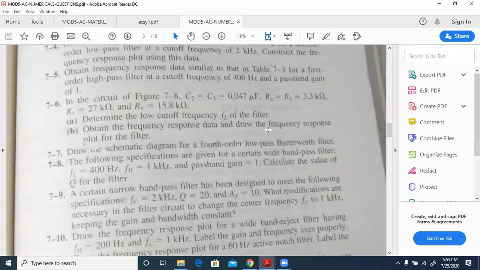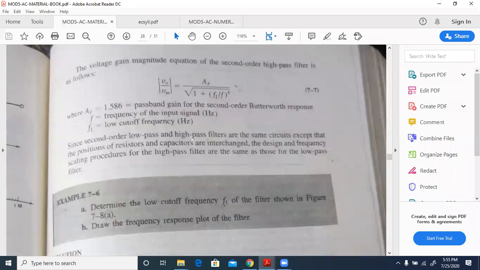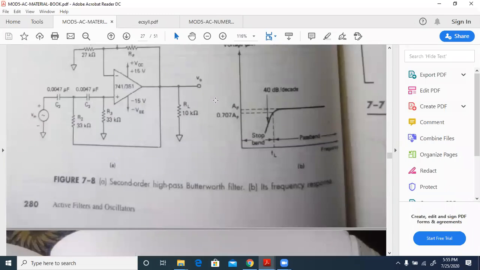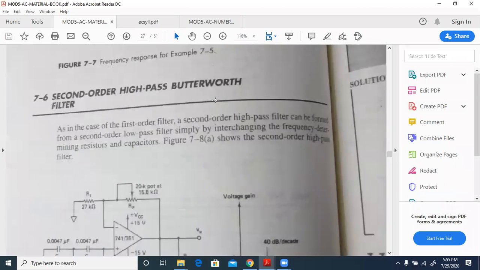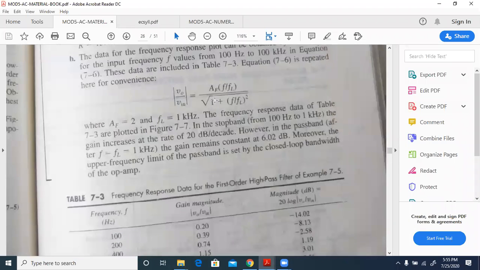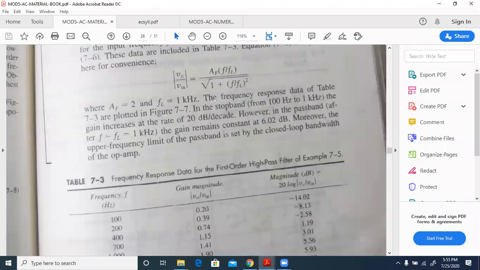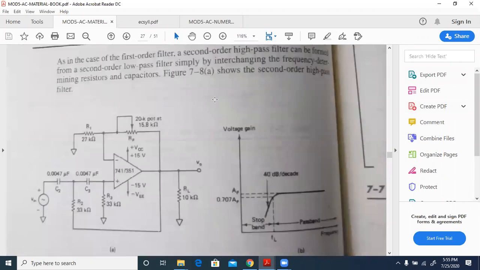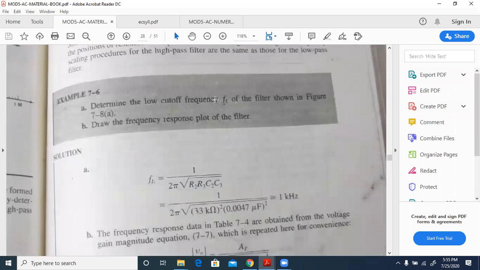Now we need to write the frequency response data and the frequency response plot for the filter. That just means that we need to use this formula: 1.586 divided by 1 plus FL by F, where FL, whatever value you have calculated, will become the center frequency, 1 by 2 pi root of R2, R3, C2, C3.